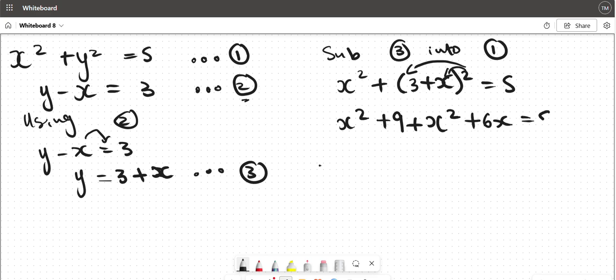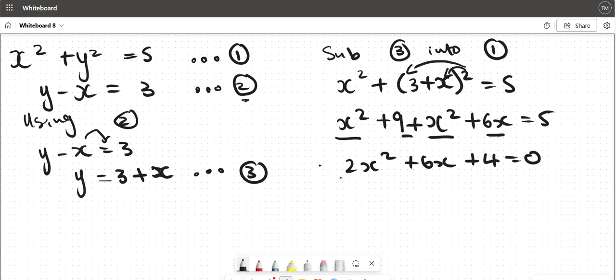That's a quick way of getting rid of those brackets using FOIL. It's basically FOIL, but a quicker way of getting there. This and that is a 2x squared. This stays as a 6x, and the 9 minus a 5 will give me a positive 4.